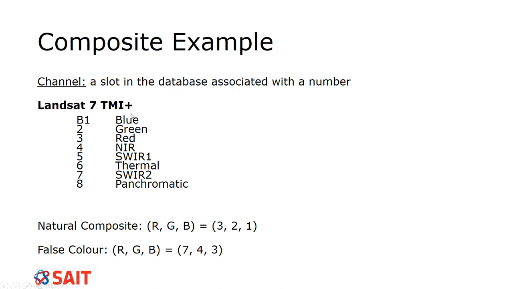Channel 1 happens to be in the blue part of the electromagnetic spectrum. If I say channel 4 in Landsat 7, I have to look up the near infrared, which falls into that slot. Band 6 is thermal. There's my thermal energy that goes into the 6th channel.